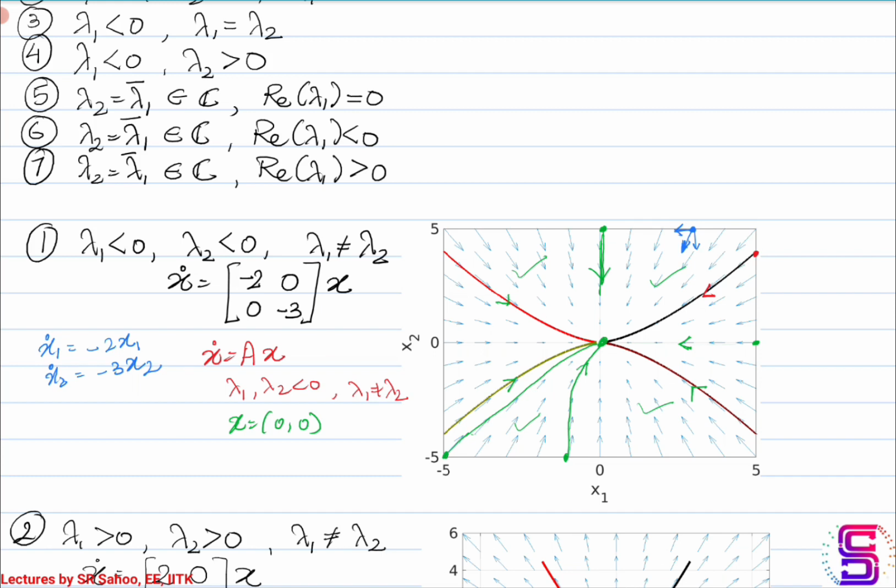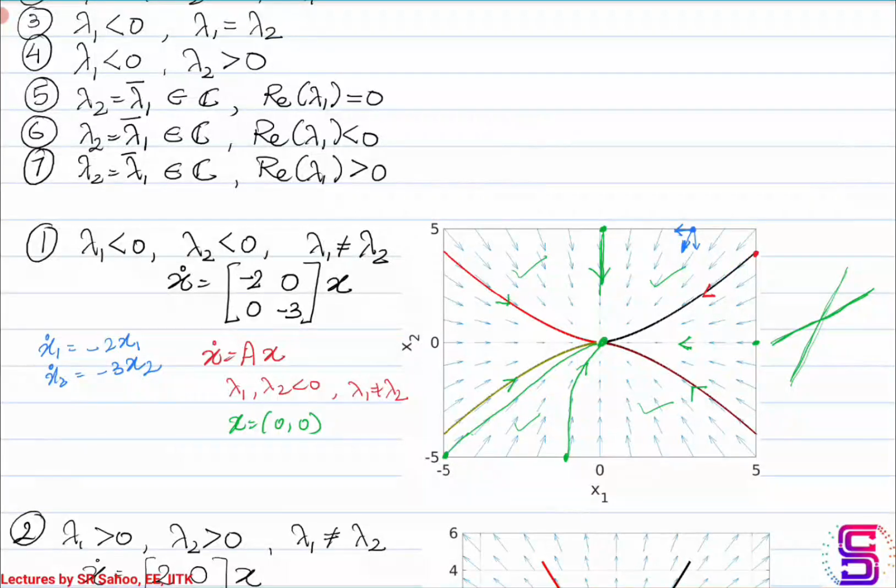Now, if you use the vectors v1 and v2 to define the coordinate axes for the phase plane, then what you observe is, if the initial condition is within one particular region between the axes, equivalent to a quadrant, let's say the v1 axis is this and the v2 axis is this.